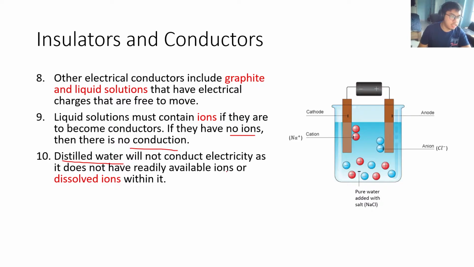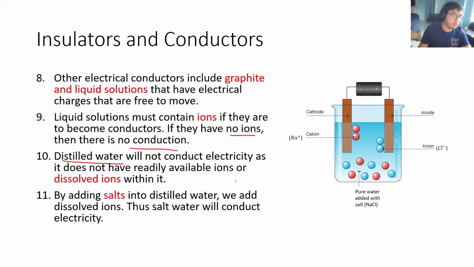It will not conduct electricity as it does not have readily available ions, or there are no dissolved ions within it. So if you add salt into pure water, into distilled water, you are adding ions into the solution, and therefore this salt water will conduct electricity.